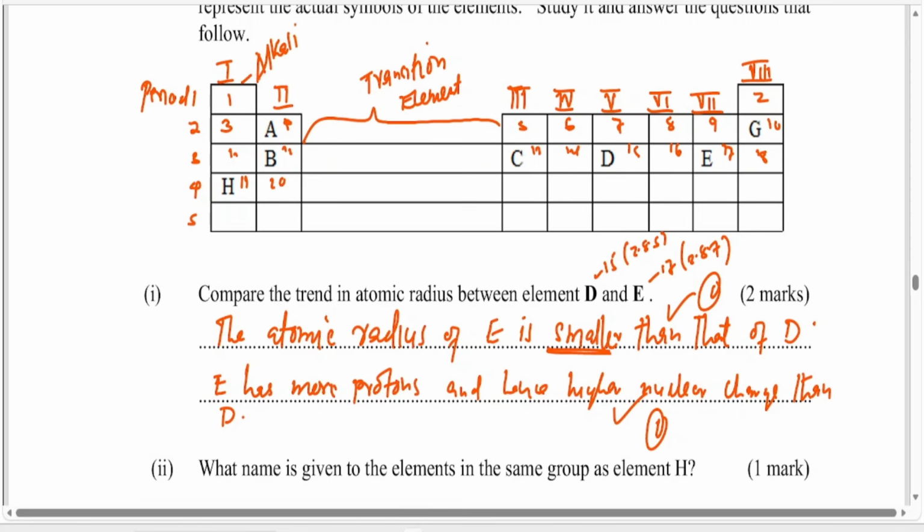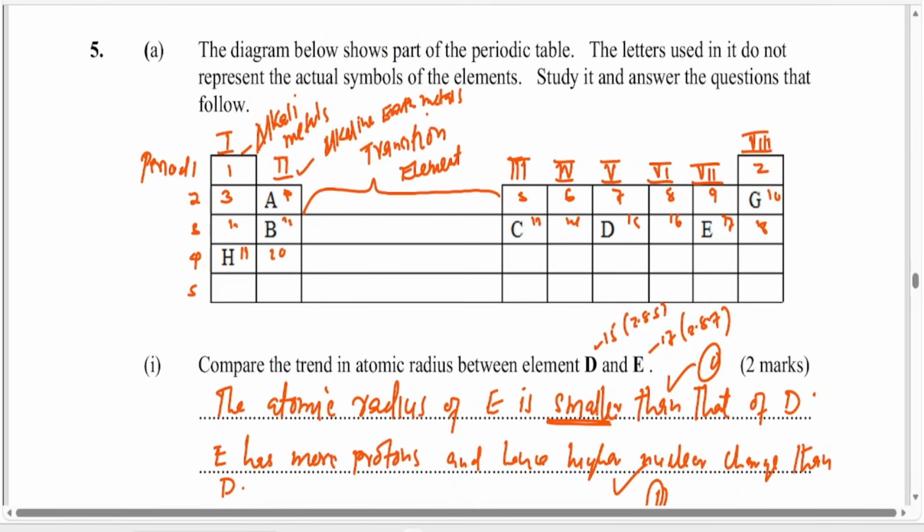The second group comes from group 2, which we call alkaline earth metals. The other group comes from group number 7, which is halogens. And the last one comes from the 8th group, which is noble gases. So that is the last family that we have in the periodic table.